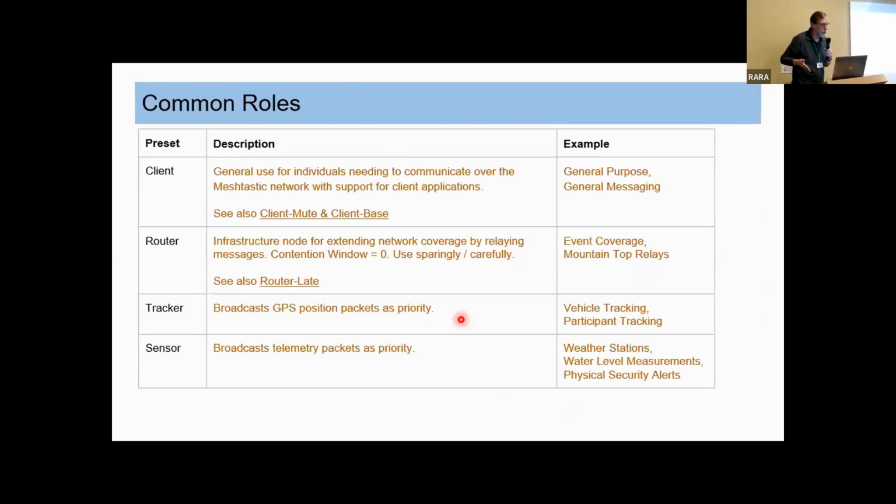There's a couple that are really, I already mentioned client mute, which is client except it doesn't forward messages. There's also a mode called client base. And client base is really designed for, let's say you've got a node, you've got a ham radio, people talk about everyday carry. Let's say you've got a node that you just carry with you all the time.